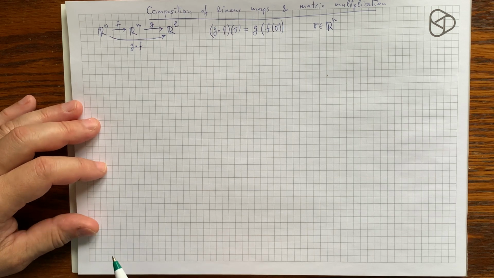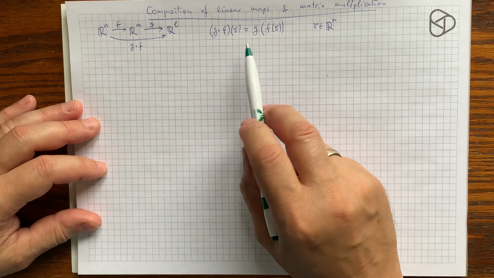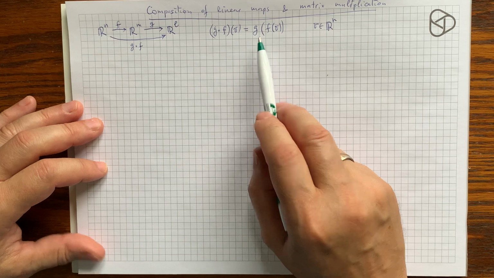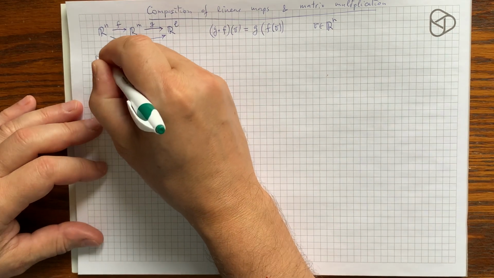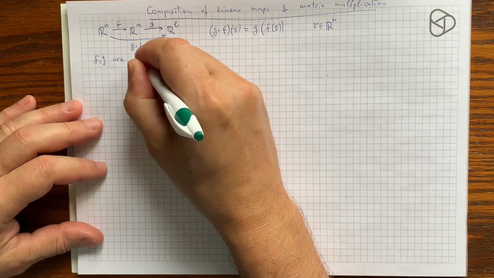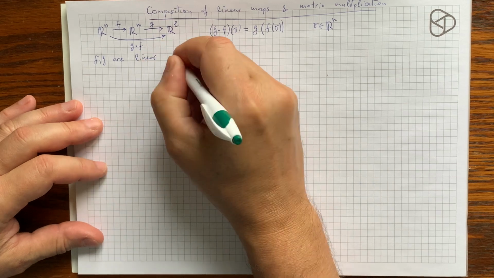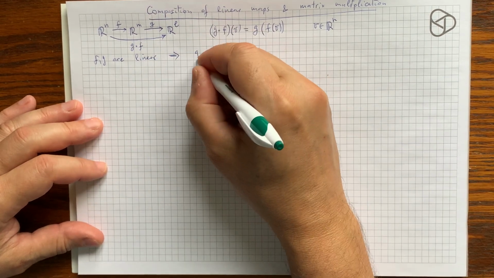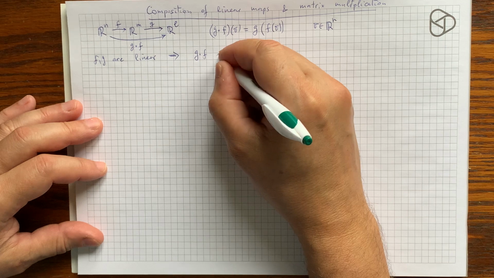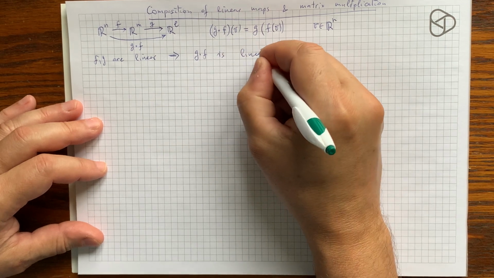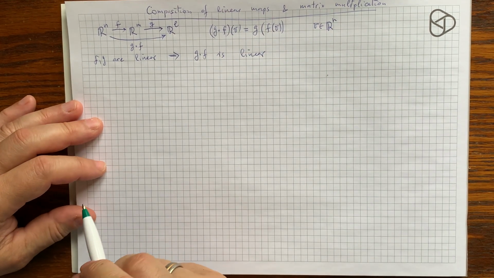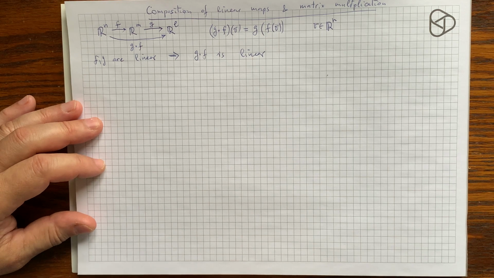First, again, I'm going to make sure that this new transformation is linear if f and g are. And again, linearity consists of two conditions.